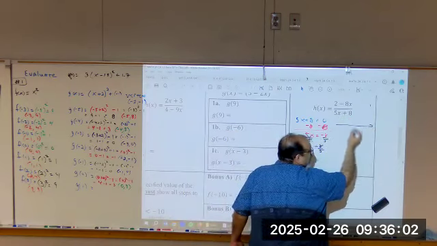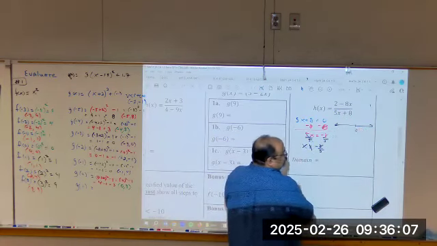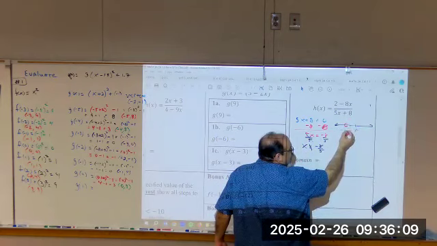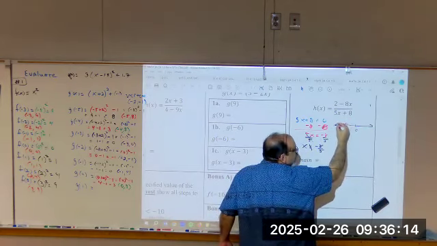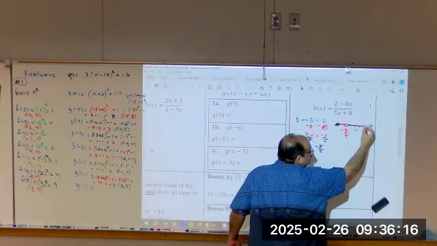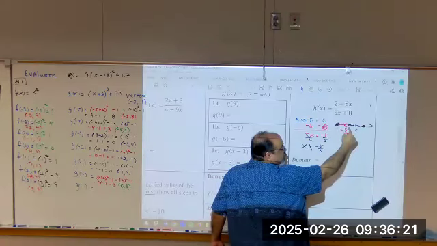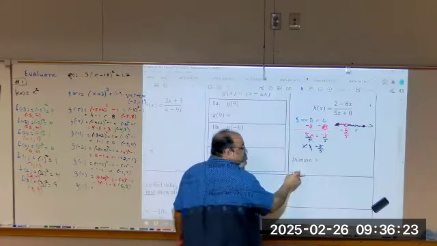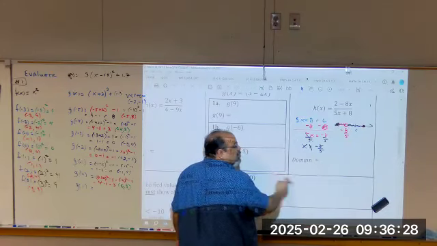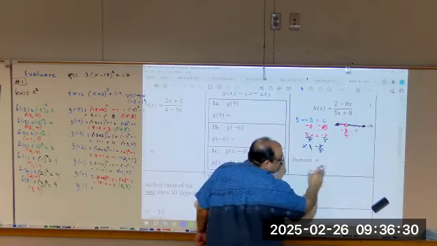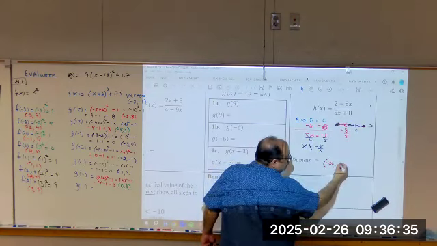On a number line, it would look like this. There's 0. Negative 8/5 is over here. What can we plug in? Everything to the right and the left of negative 8/5. This is the domain. That's the picture. Everybody except this. You have to write the domain using interval notation. What is shaded? Everything from negative infinity all the way up to negative 8/5.